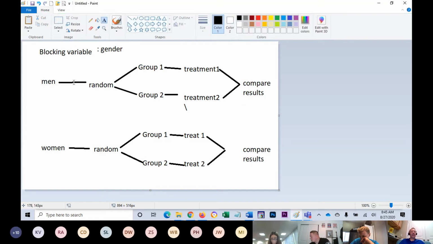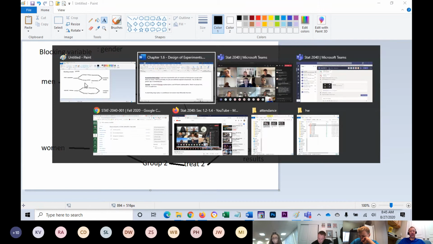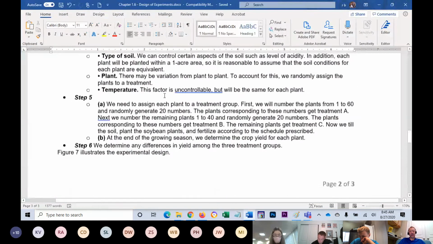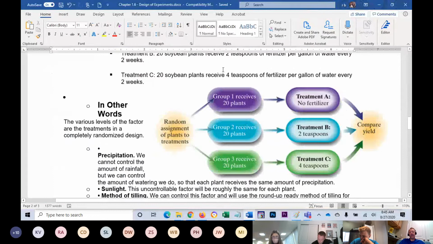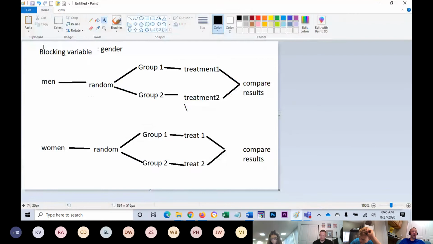So you can see that basically this looks a lot like the completely randomized design, and I'll add this to my notes here. It basically looks a lot like the completely randomized design, but the idea here is we've used a blocking variable, in this case gender. So we're breaking them into men and women first, and it doesn't have to be men and women. I'm just using that as an example.